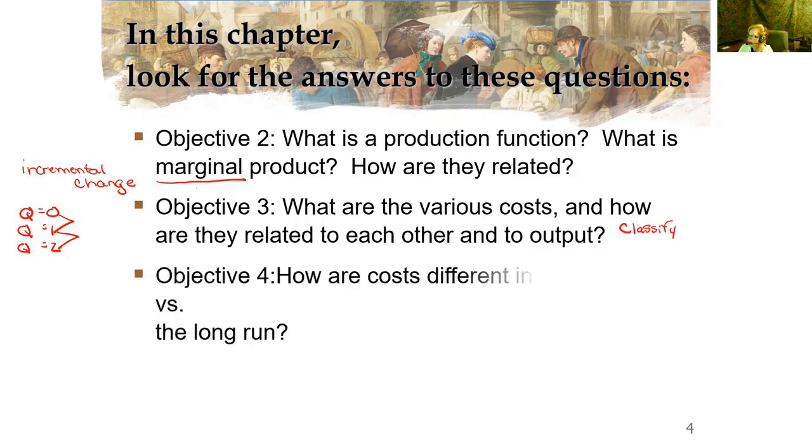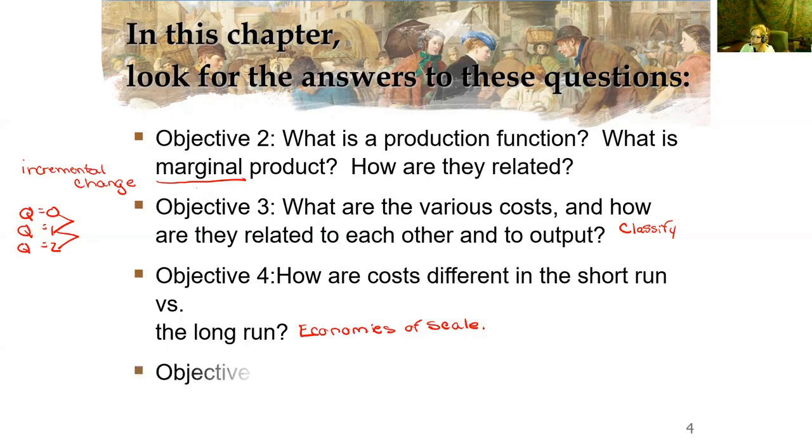Then we're going to take a look at how costs differ, both in the short term and long term. And we'll see that it really deals with this idea called economies of scale. Okay, so that's kind of a big broad overview of what this particular unit looks at.